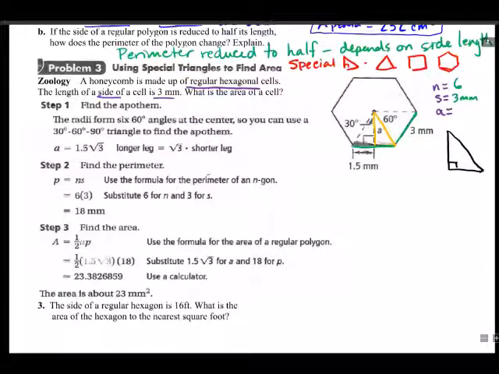First, I'm going to find my central angle. 360 divided by 6 is 60. Then I take 60 and divide it by 2 and get 30 degrees. So this right here measures 30 degrees. That means this right here measures 60 degrees.